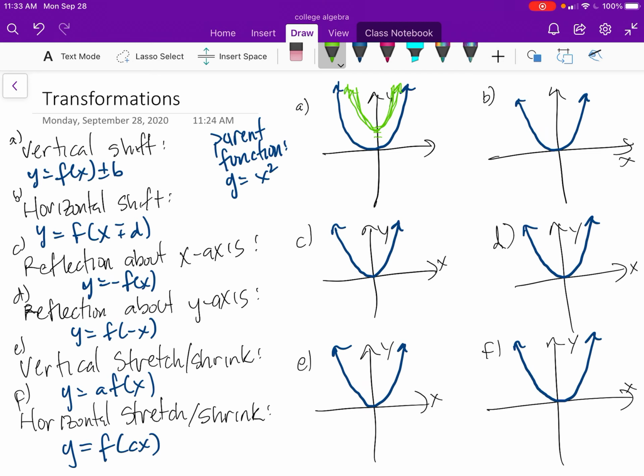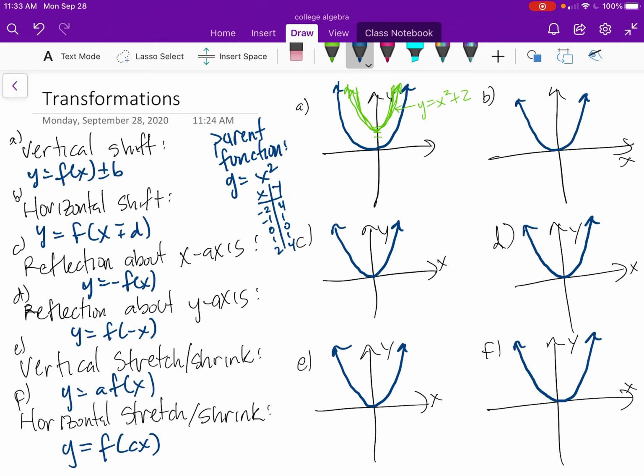So this function I drew in green would look like y equals x squared plus 2. If I added 2 to x squared, it moved every point up 2. And you could verify that if I did a table of values for y equals x squared, let's just do a couple here. That's what you would have for the original.